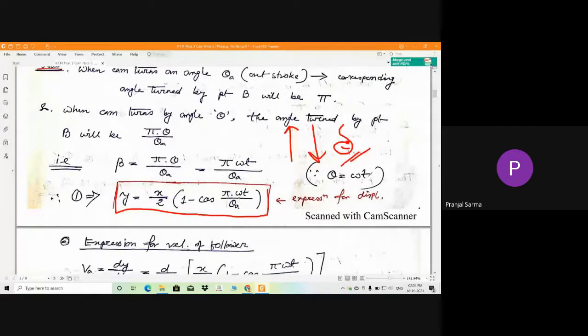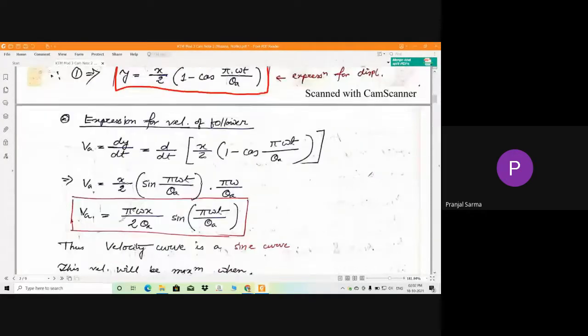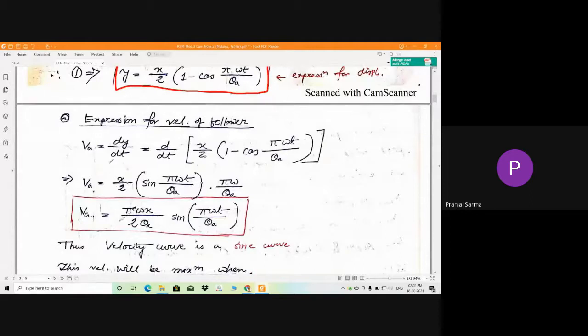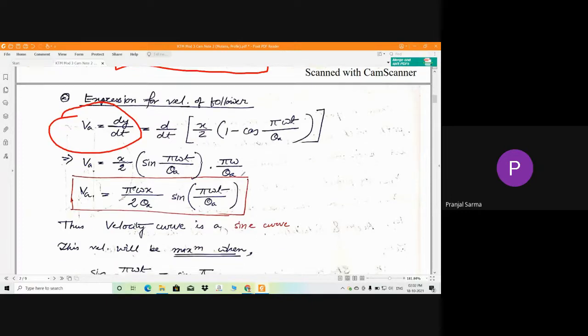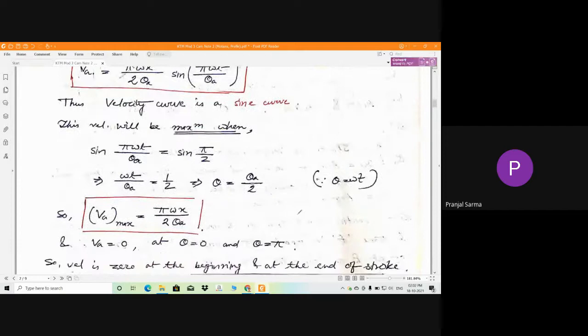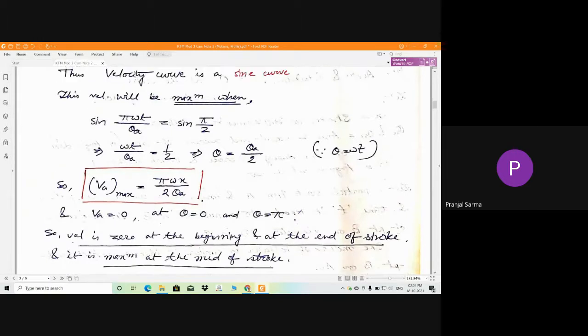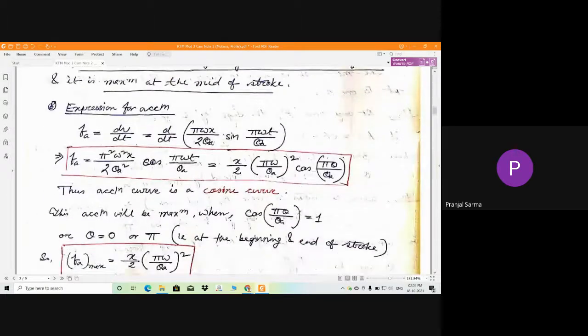From the expression for displacement, we obtained the expression for velocity of the follower, because we know dy by dt gives you the velocity, right? Similarly, from the velocity expression, we went to the acceleration expression. We saw that the velocity expression is a kind of sine curve, and for acceleration it is a cosine curve.